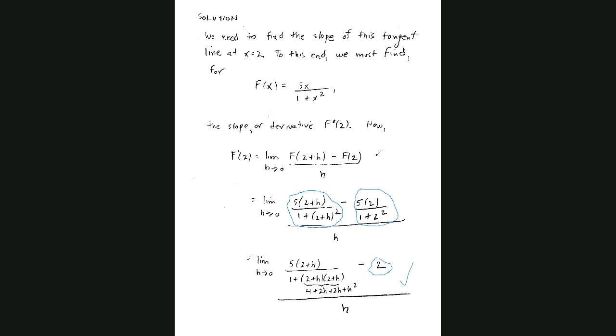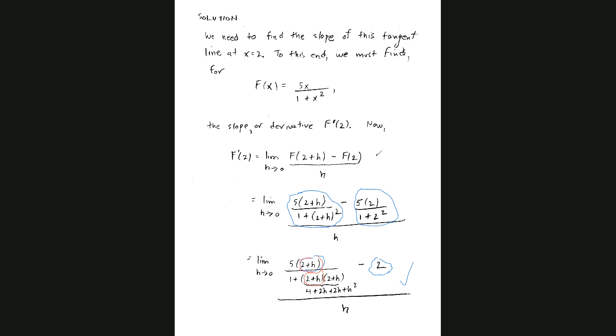You cannot cancel this 2 plus h with this 2 plus h, because you have the plus 1 there. In order to cancel, everything has to be multiplied. Every factor has to be multiplied by the other factors. So we can't do that yet.